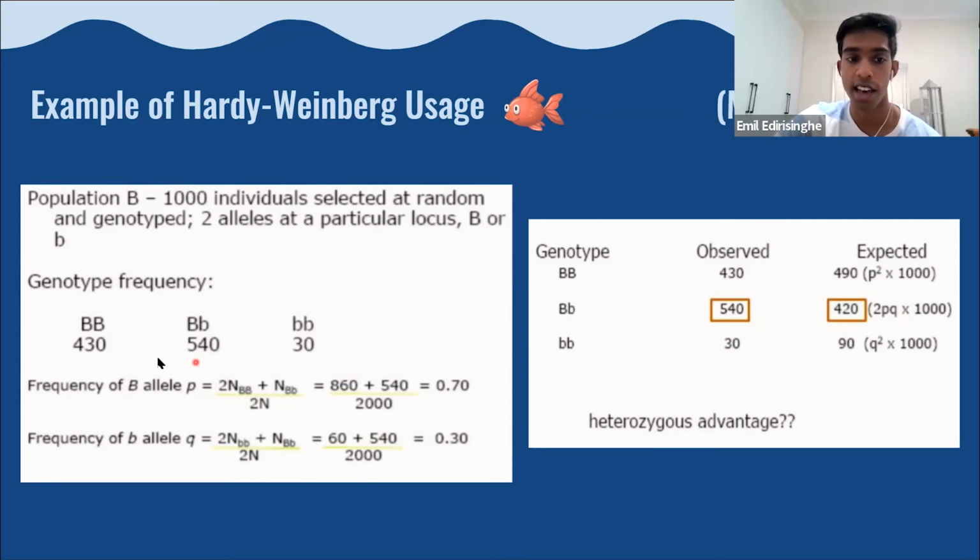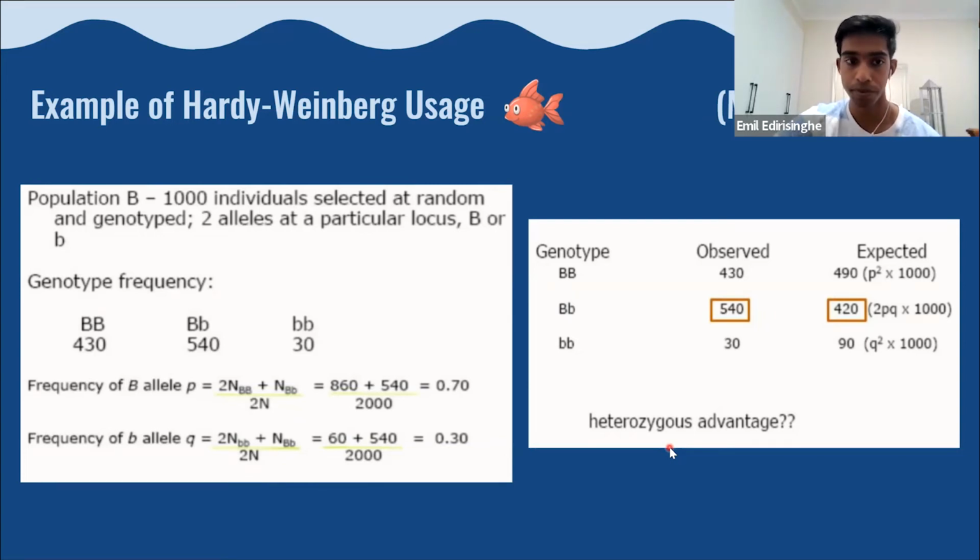And here you can see that the genotype frequency of the heterozygous is much higher than expected, which suggests that there might be some sort of heterozygous advantage. And this is the application of the Hardy-Weinberg equilibrium. This is how you would use it to figure out something about any population in the wild.